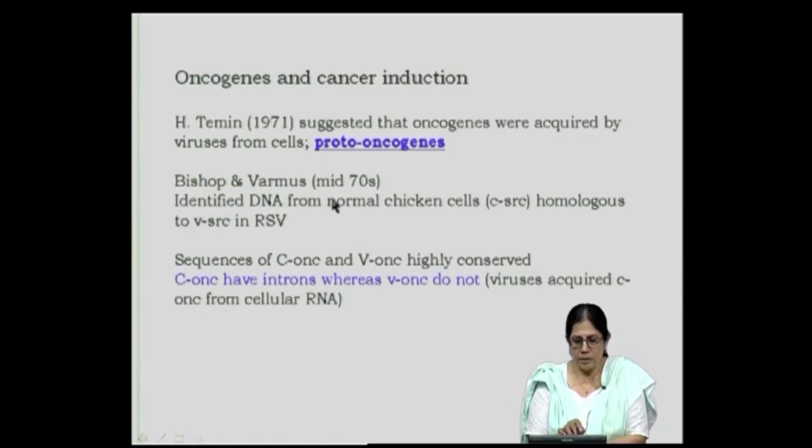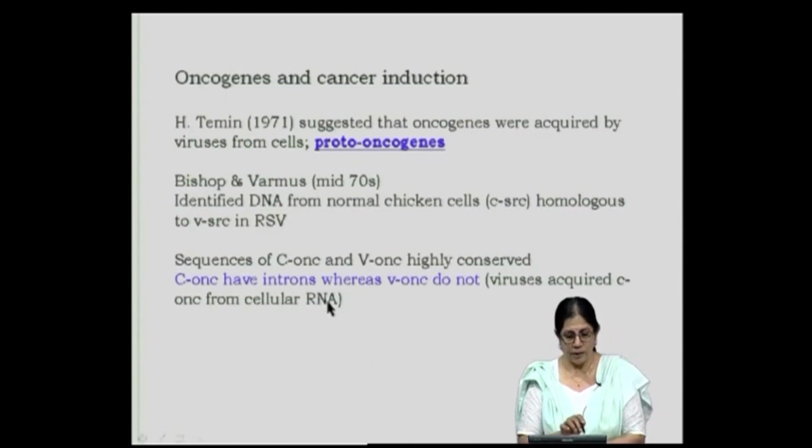Bishop and Varmus later identified genes called c-src in normal chicken cells, and they showed these were homologous to the v-src in Rous sarcoma virus, RSV. Later on, more and more oncogenes were studied, and it was recognized that the cellular oncogenes and the viral oncogenes are highly conserved.